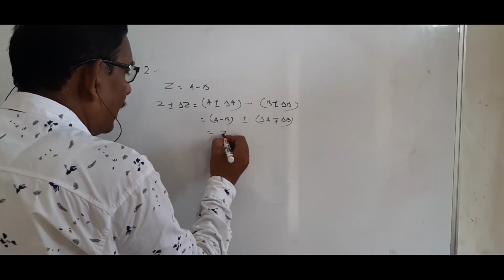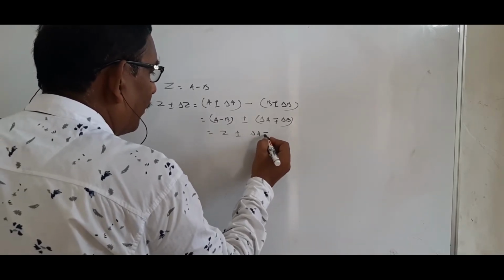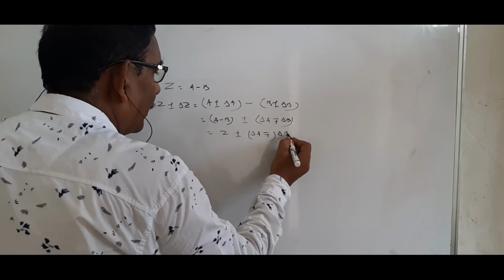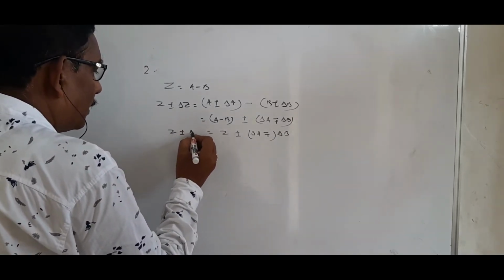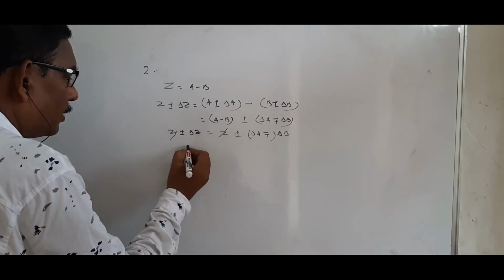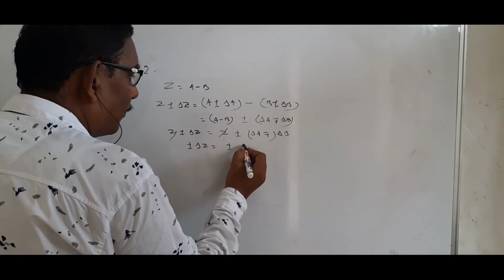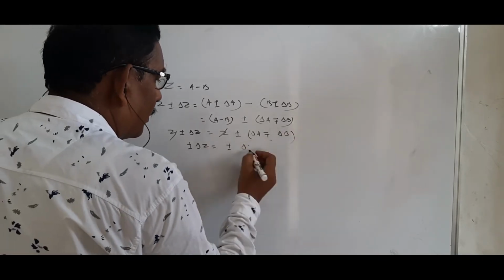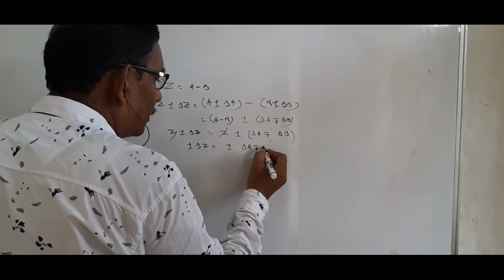So Z plus minus delta A minus plus delta B. So Z plus minus delta Z. So plus minus delta Z is equal to plus minus delta A minus plus delta B.